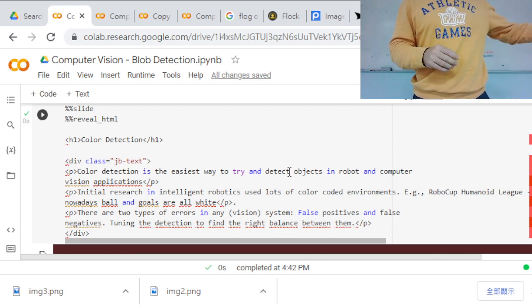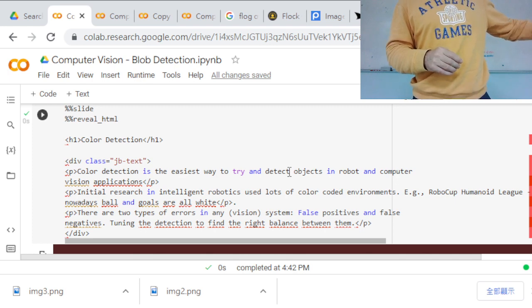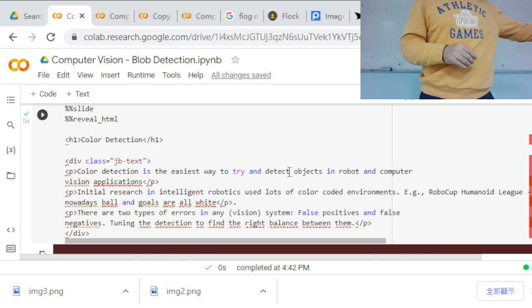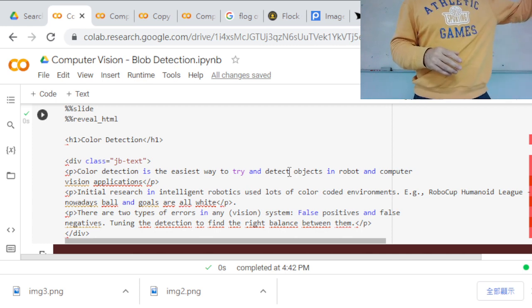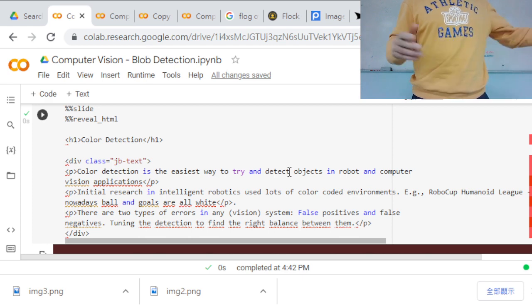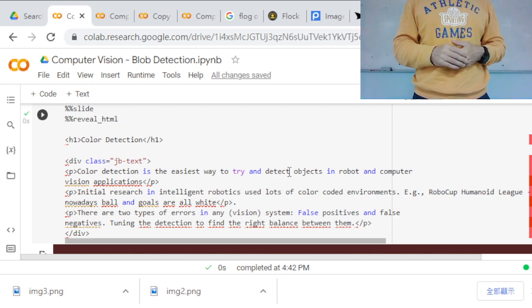So in this case, the prior for this happening is very, very small. That means you need to have a very good false negative rate in order to be a useful system. But if you reduce your false negative rate, then that usually means that you will also have more false positives.